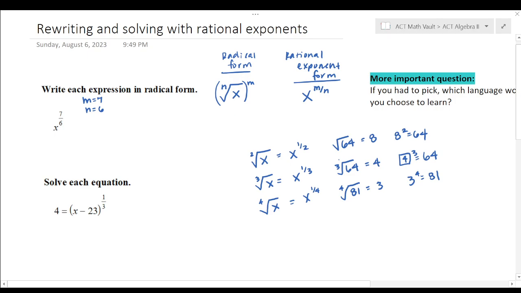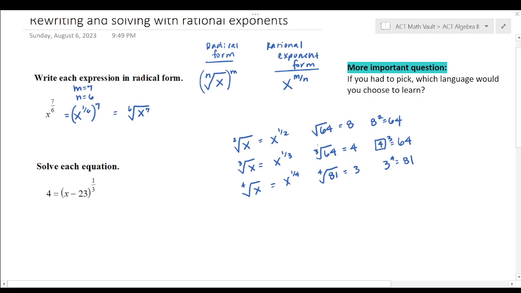But if I don't have these formulas in front of me, I can just think of this as x to the 1/6, but then to the 7th power. And I remember this pattern here tells me that this is the 6th root of x, this section right here. And then I would just take that and raise it to the 7th power. I could also have that, but with a little 7 on the inside. Either way, the 7 would be the top number, the 6 would be the bottom number.